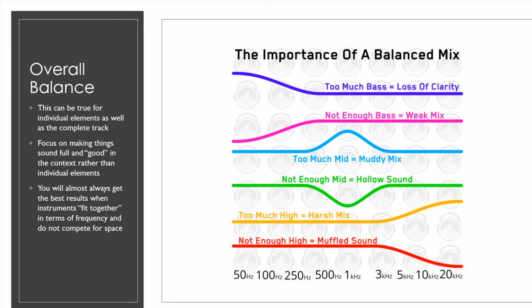And if you're wondering how to identify where these problems are, here are some general frequency spectrum shapes that you can use as a guide. So if something just feels muddy and doesn't really have a lot of clarity, then your problem is probably a lot of content in the low end right there.